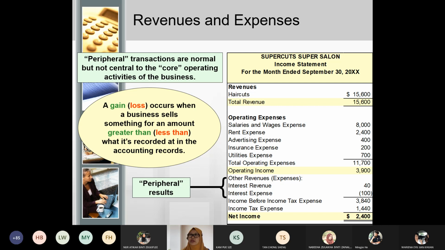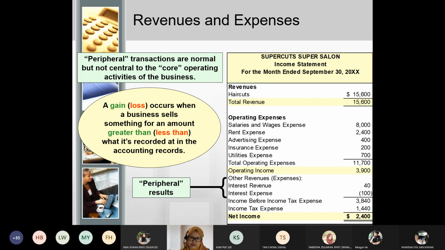But sometimes, for example, the company invests in another company, but the investment is not the core of the business. So they will get interest revenue, which is what we call a peripheral transaction. The interest revenue will be reported down here as other revenue or non-operating revenue.